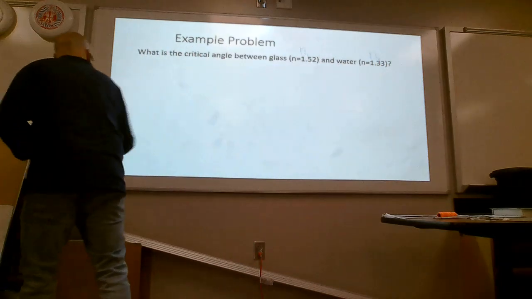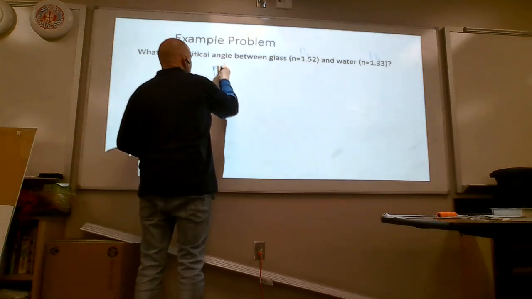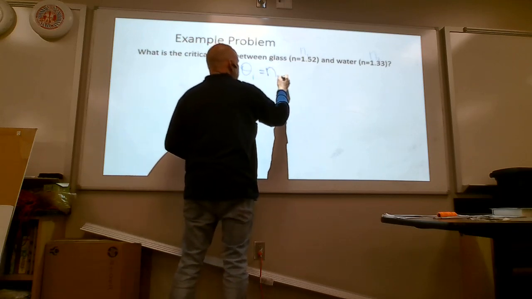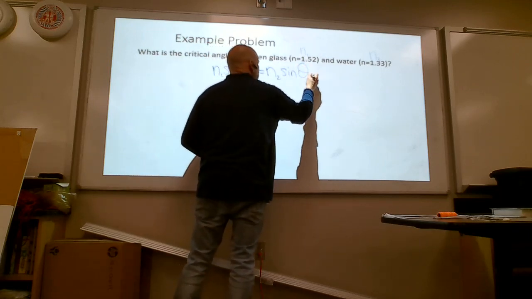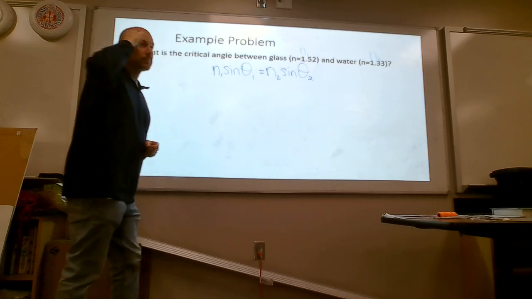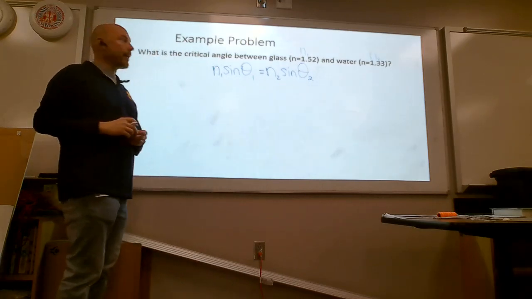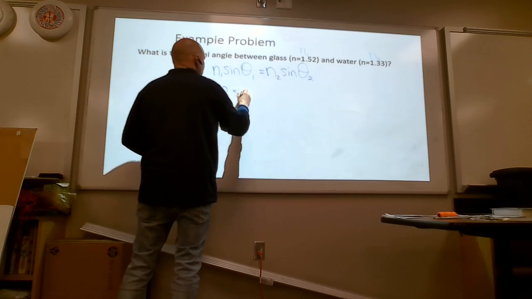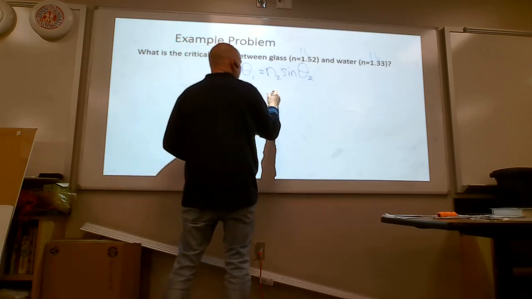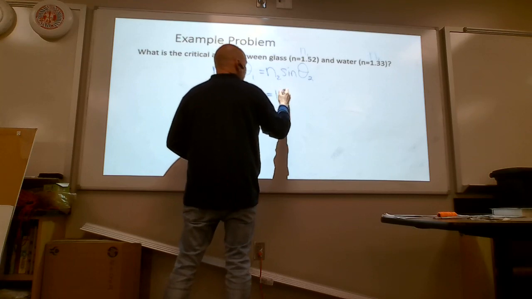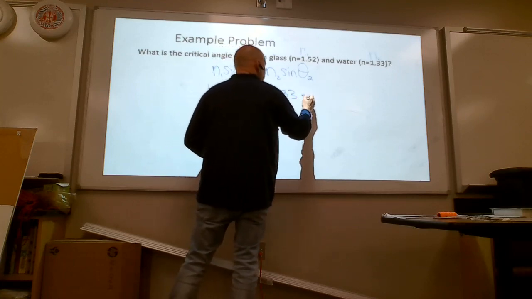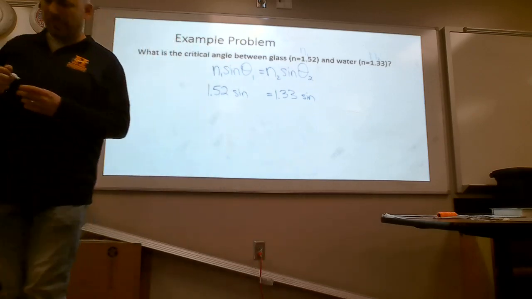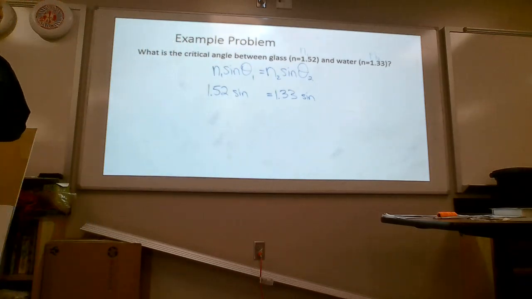Okay. So, using Snell's law, N1 is 1.52. Sine, I'm leaving a blank. 1.33. Sine, I'm leaving a blank.